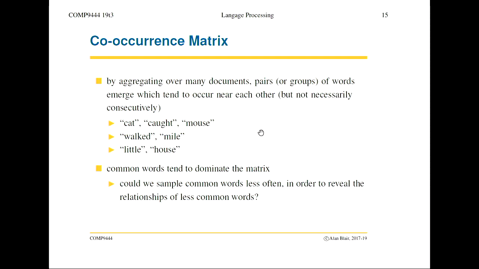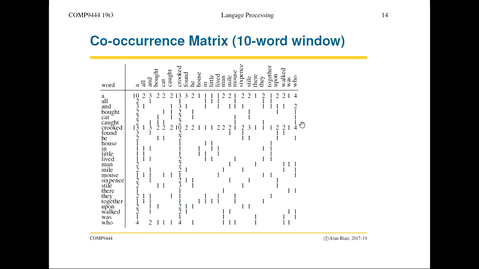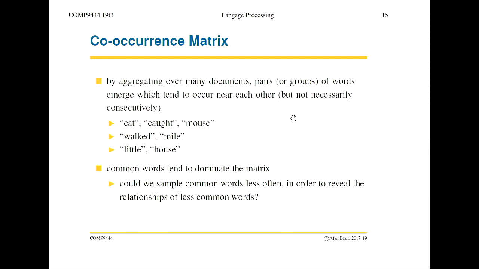You know, the cat caught the mouse. The mouse was caught by the cat, right? But they often occur near each other. The other thing you'll notice with this matrix, again, the common words, there's a risk that the common words may dominate the matrix. So it might be useful to keep track of the overall probability of each word and then sample the more common words less so to reduce their influence.